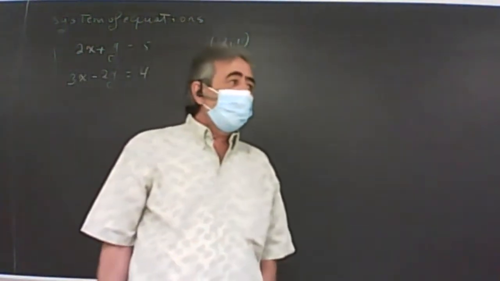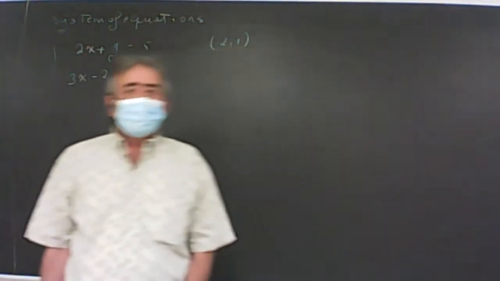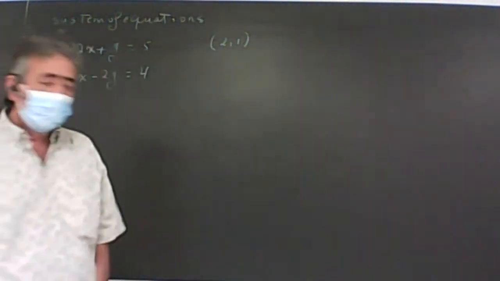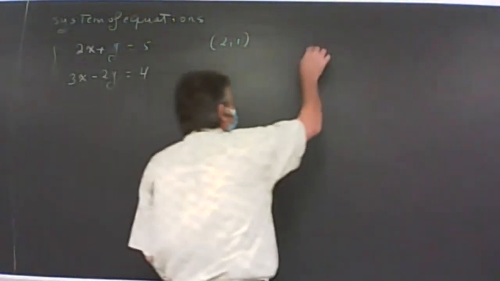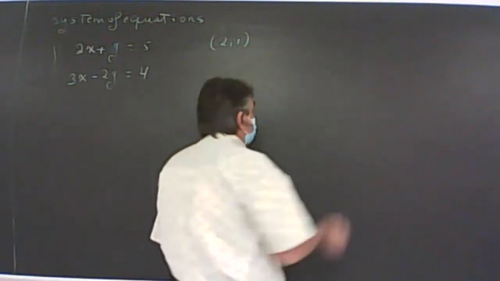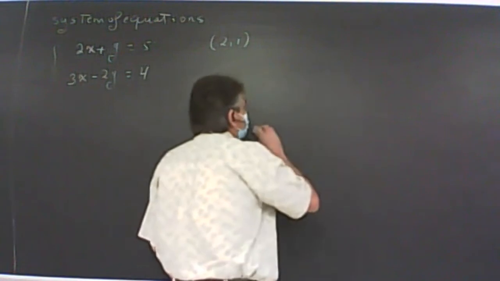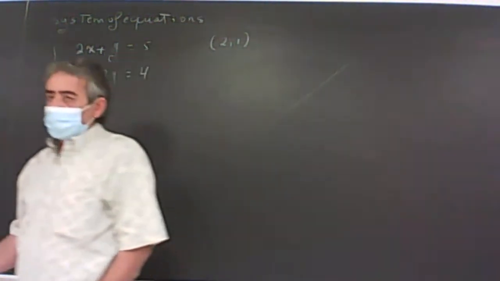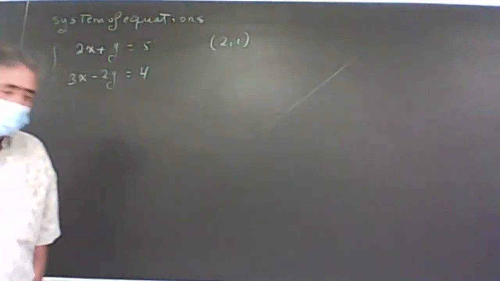When we're talking about systems of equations, let's first talk a little bit about linear equations. Linear equations represent lines. So when I have an equation, for example, 2x plus y equals 5, this represents simply some kind of line. Doesn't matter what that line is. I'm just going to put a straight line.